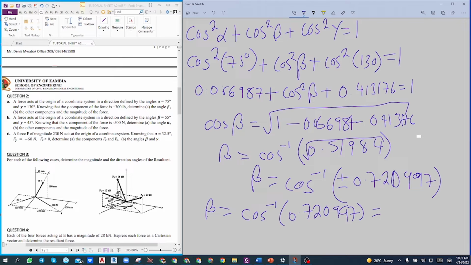If we were not asked to, we would not be supposed to find it. Okay, so shift cos. So my beta is coming to 43.86 degrees. Okay, so for beta, that's my answer.